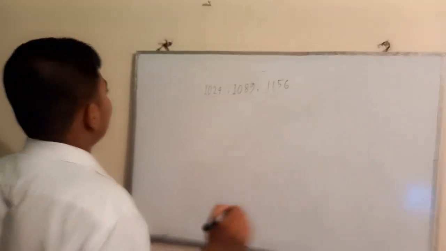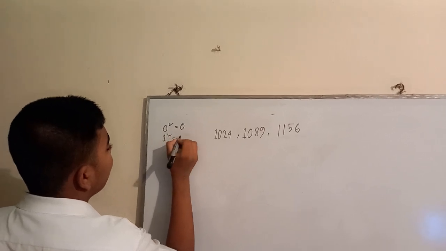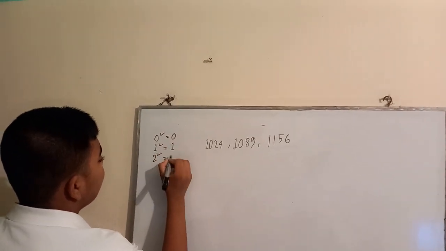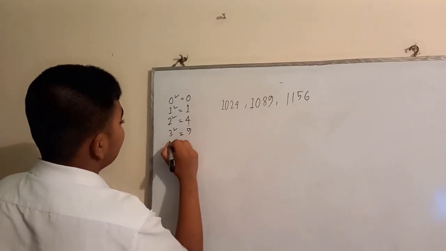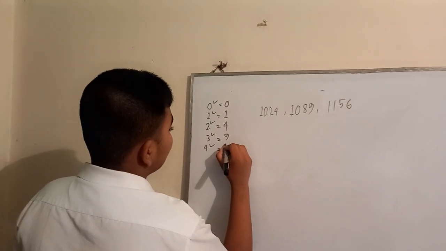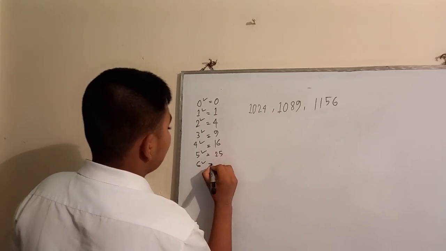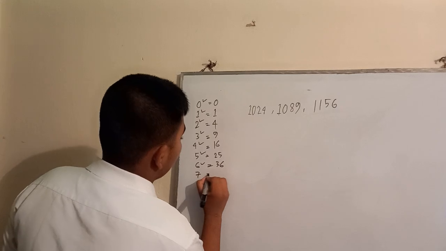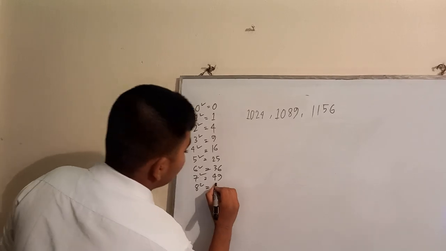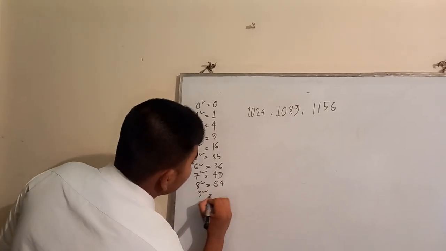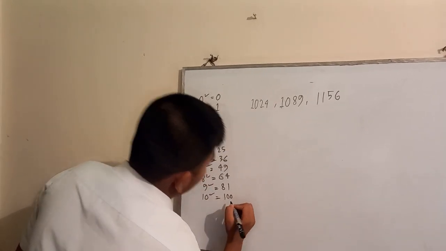So let's think first. 0 square equals 0, 1 square equals 1, 2 square equals 4, 3 square equals 9, 4 square equals 16, 5 square equals 25, 6 square equals 36, 7 square equals 49, 8 square equals 64, 9 square equals 81, 10 square equals 100.